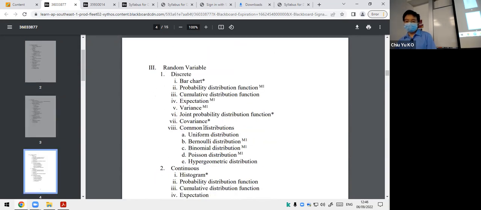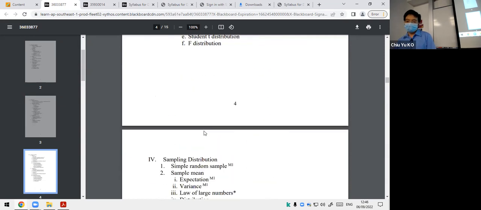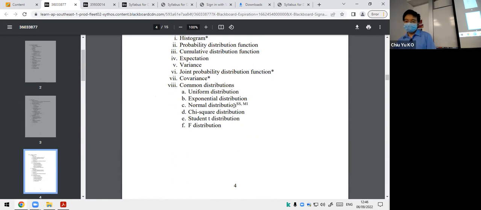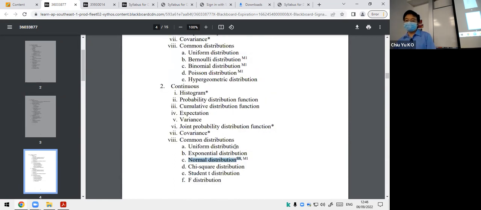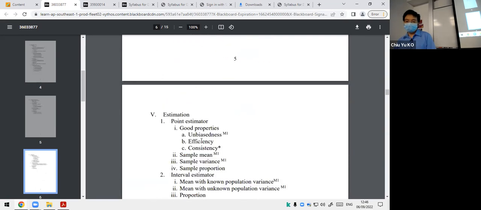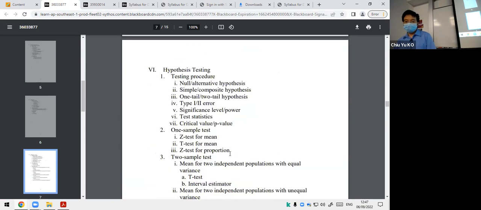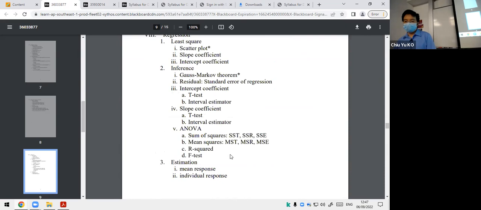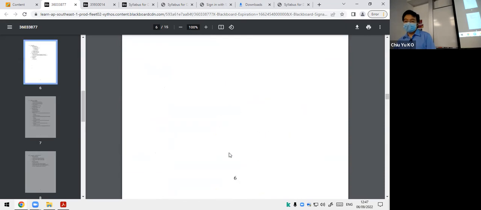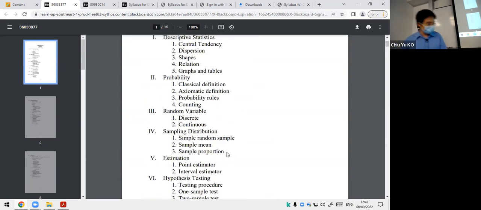For topic 3, random variables, you learn most of it if you took M1. If you didn't take M1 but have senior school, you learn the normal distribution, which is what we need the most. Topic 4 and topic 5 are also covered in M1. Topics 6, 7 and 8 are not covered. If you did M1, you will see at least half of them.